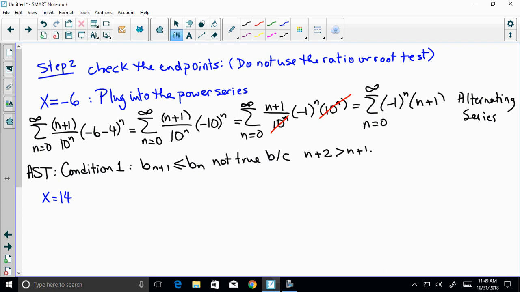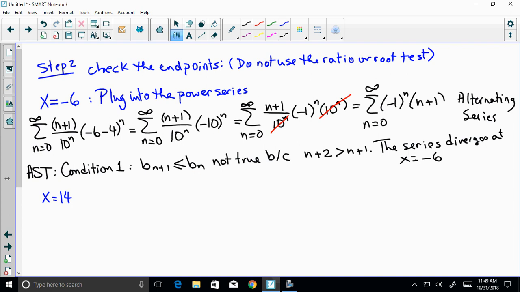So that's not true. So the series diverges at x equals negative 6. So that takes care of that part.